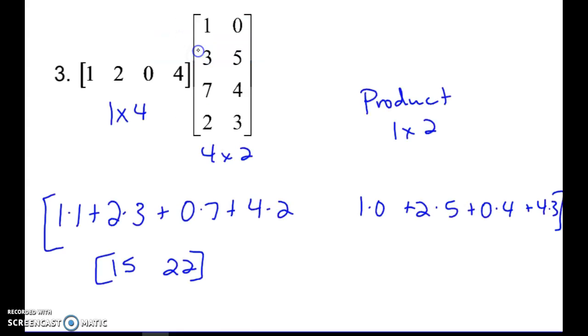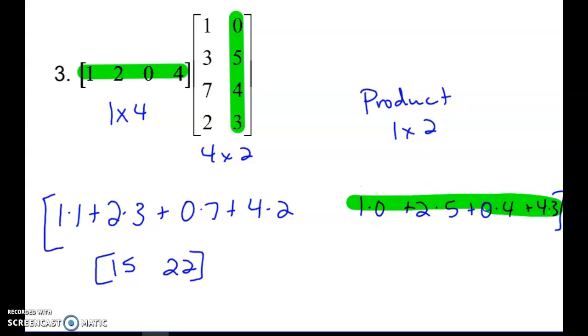All right, so again, we're going to take that first row times the first column, and that's how I got these numbers down here. 1 times 1, 2 times 3, 0 times 7, and 4 times 2, which comes out to be 15. Then we're going to take that first row again, but this time we're going to multiply it with the second column, and that's how you get these numbers over here.